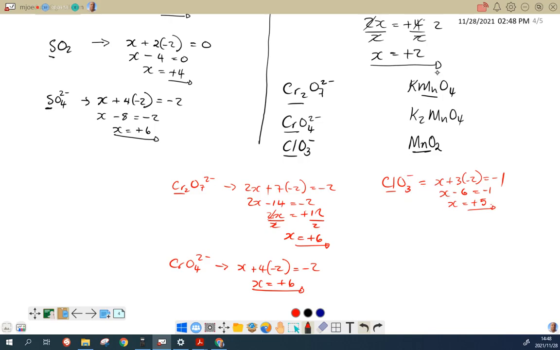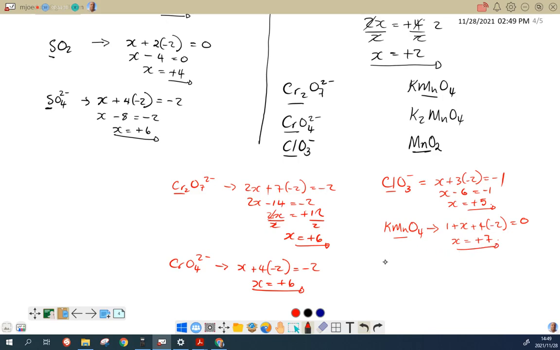And then your permanganate in KMnO4, the potassium is in group 1, so its oxidation number is 1, plus x plus 4 times minus 2 is equal to 0. So 1 minus 8 gives you minus 7, so its x is equal to plus 7.